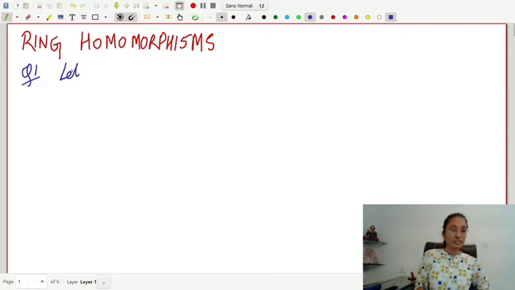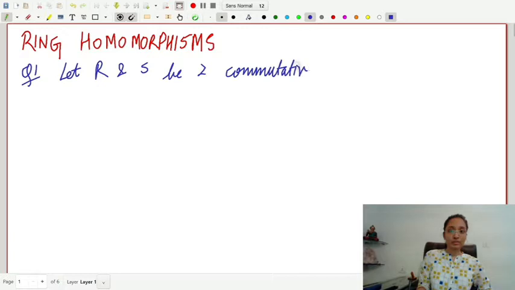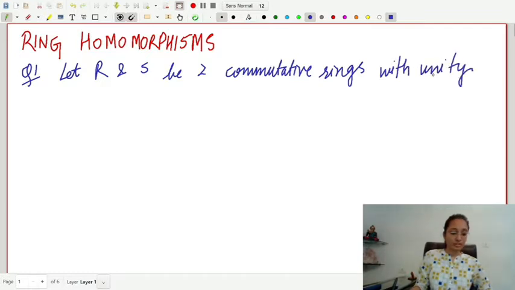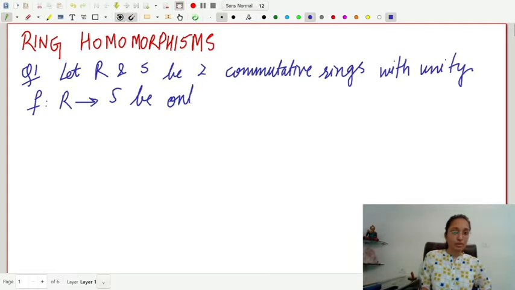Let R and S be two commutative rings with unity, and let f from R to S be an onto homomorphism.